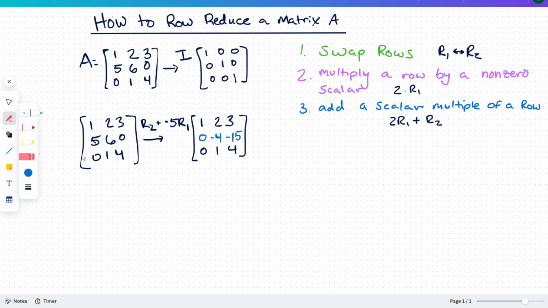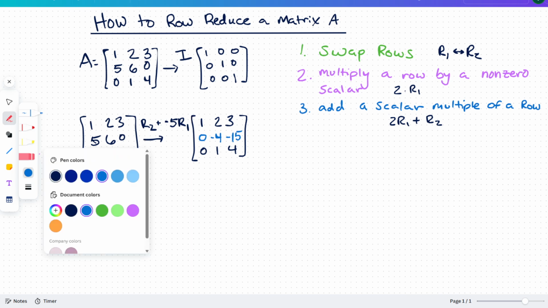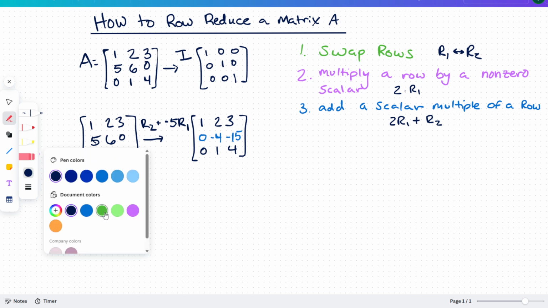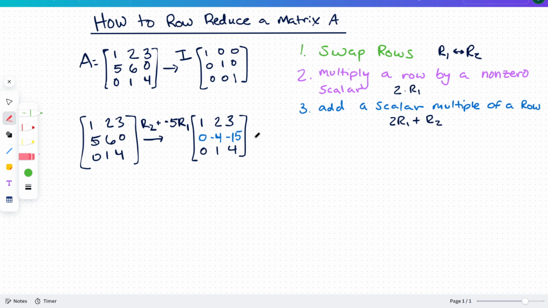So for our next one, what we can notice is that we already have the 0, 1 here that we need for the second row. So we can do our first operation here, we can switch the rows. So what we can do here is switch R2 and R3.